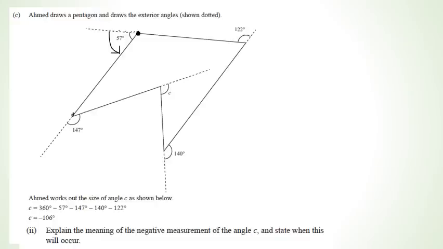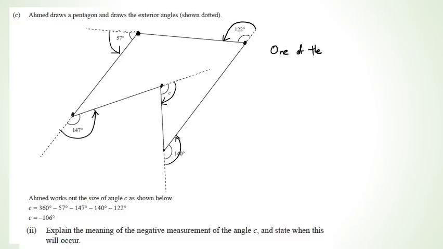I come to this point here, I'm going anti-clockwise. Come to this point and I'm going anti-clockwise. However, when I get to this point, I'm not going anti-clockwise. I'm actually going clockwise.